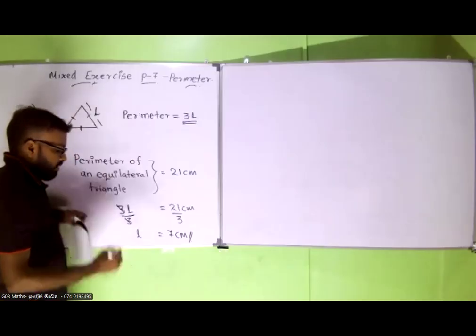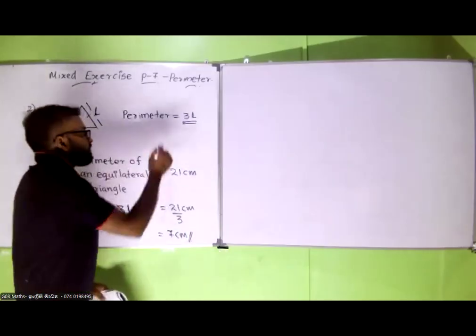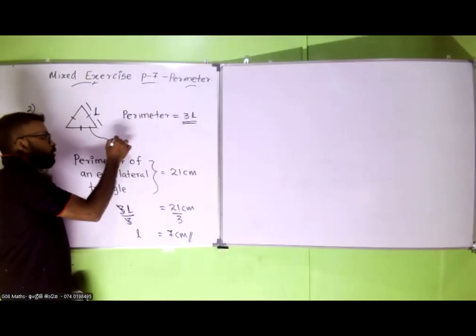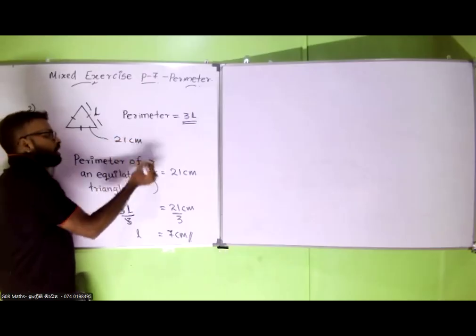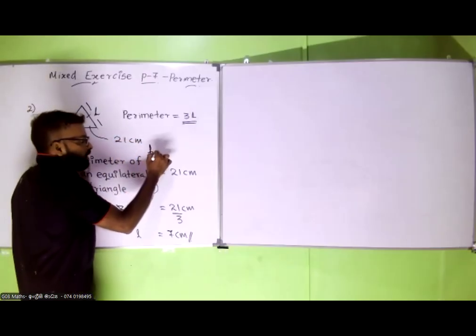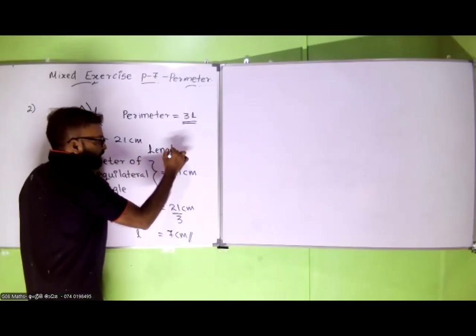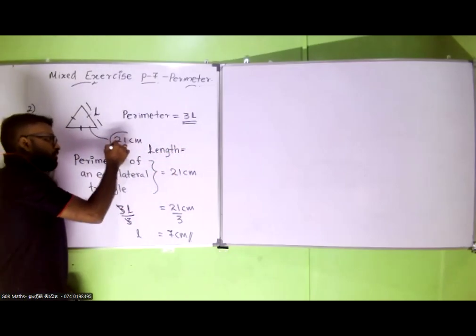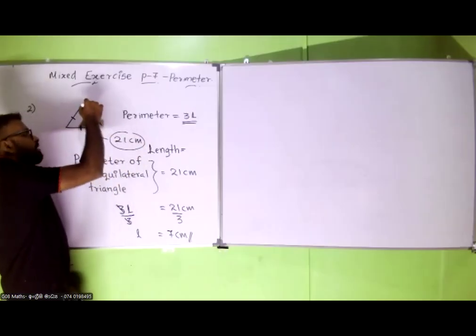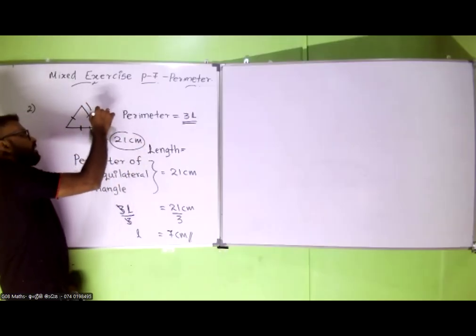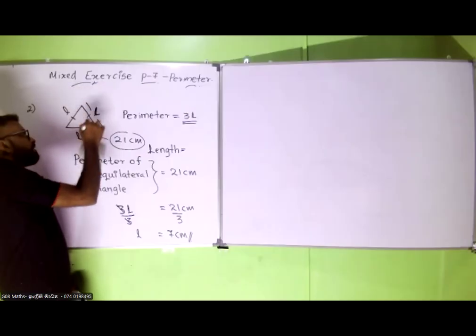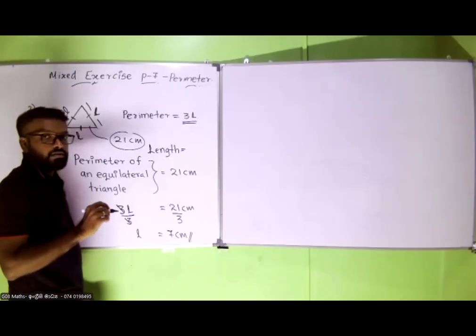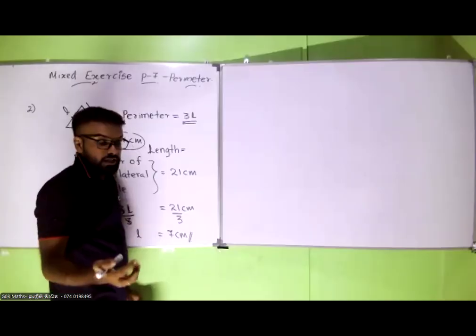Very basically, if the perimeter is 21 centimeters and you want to find the length of one side, this 21 centimeters means that if you add all the lengths of this equilateral triangle, there are three equal lengths.